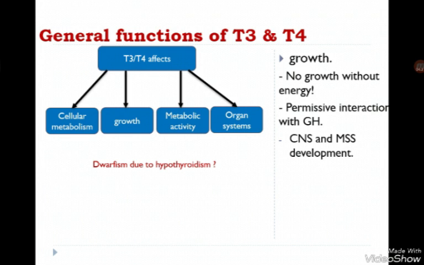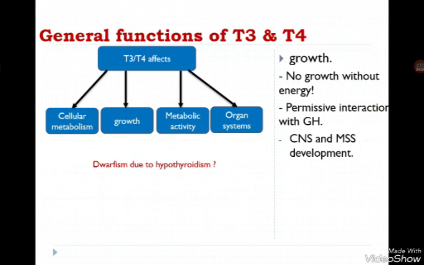Thyroxine increases the metabolic activity and catabolism as well as anabolism. The growth process requires the production of many building molecules and the production of energy. So in order for the growth process to occur, we have to activate our metabolic activity.